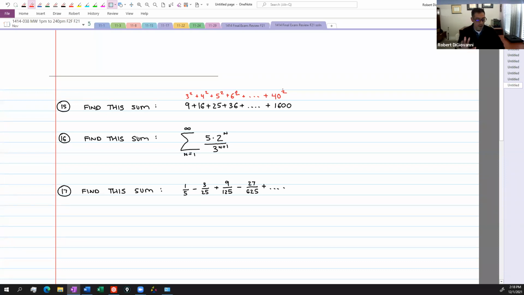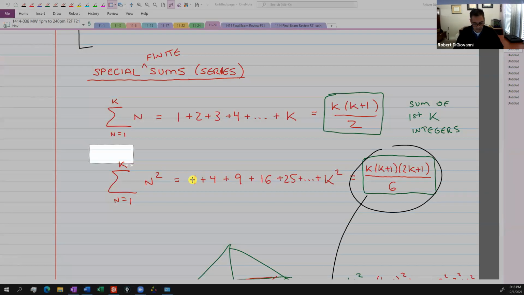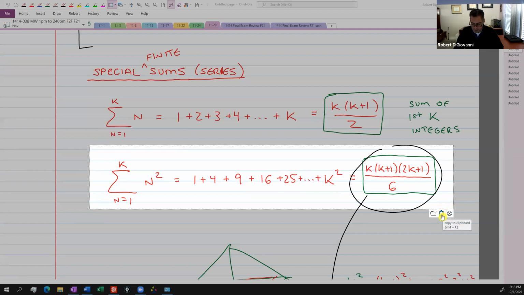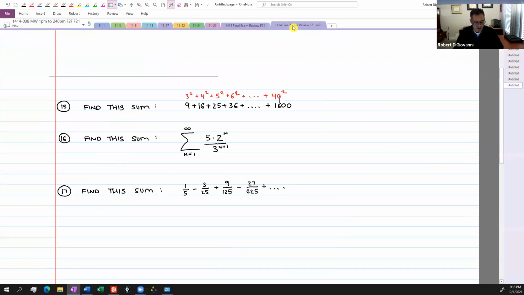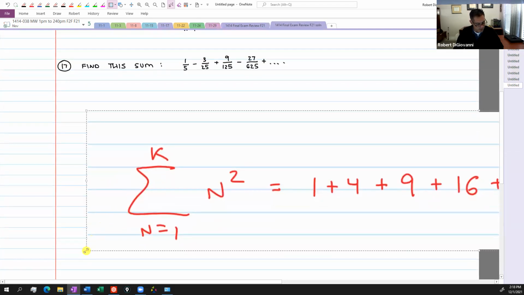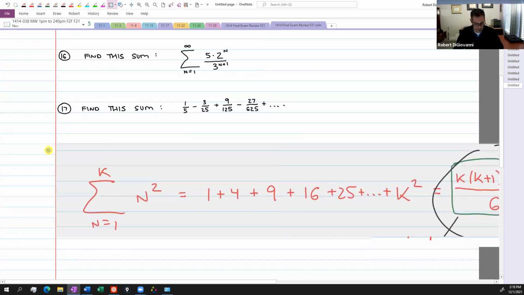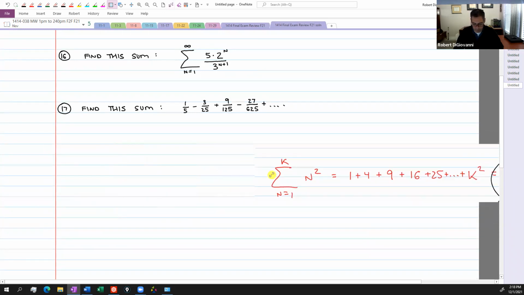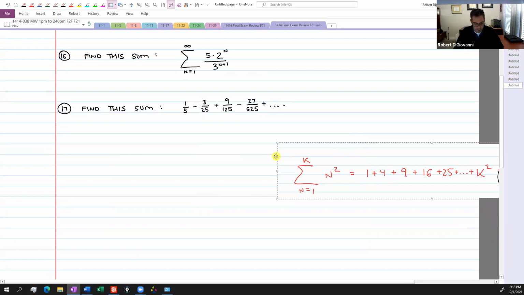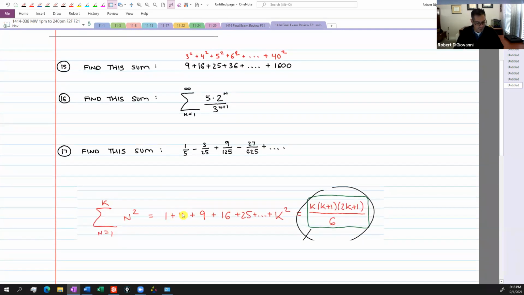The formula from last class, this right here gives you the sum. But notice it starts at 1, right? Like this formula here. It starts with 1 squared, 2 squared, 3 squared, right?